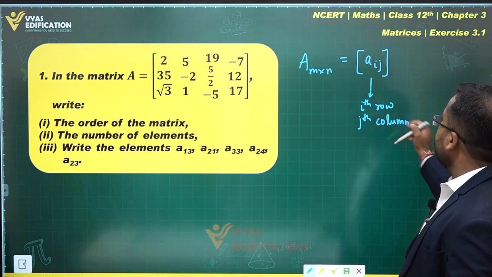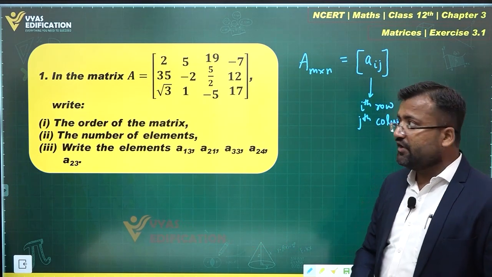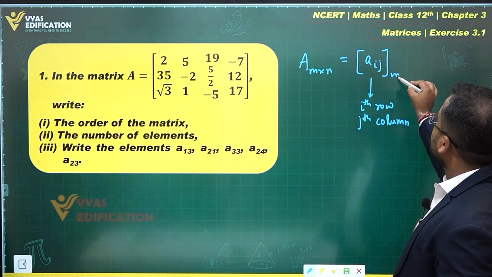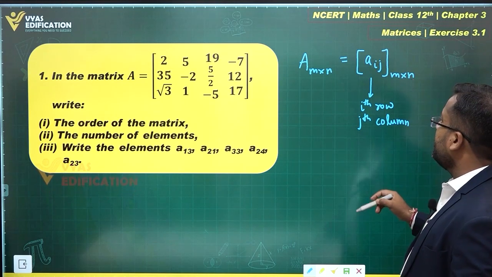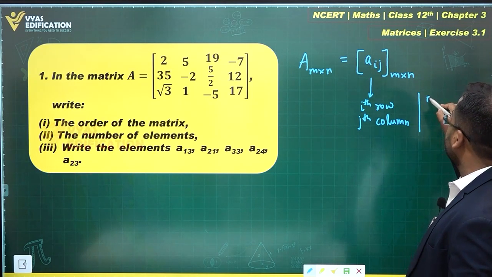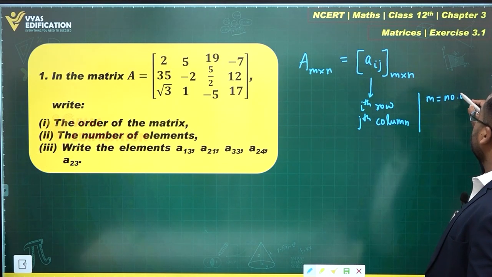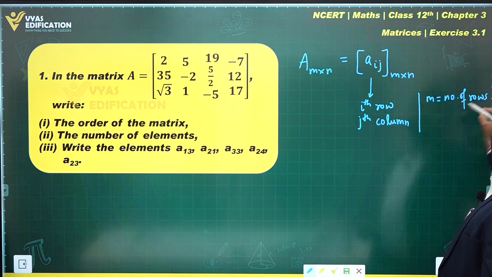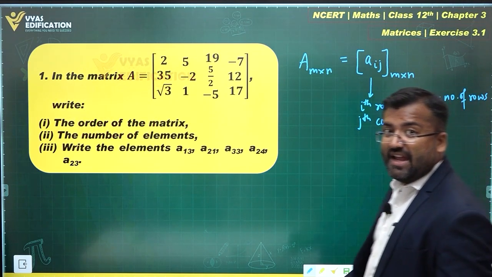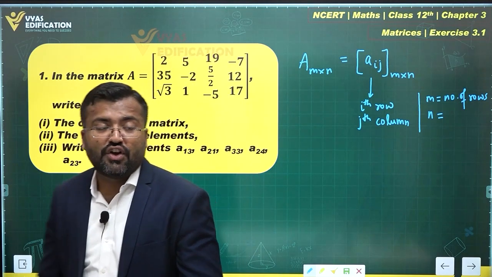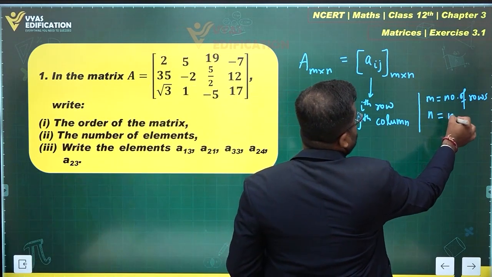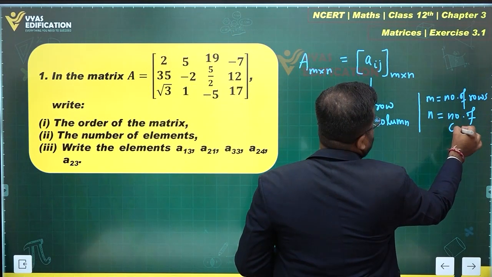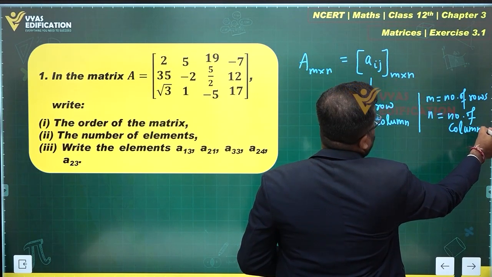The order is m by n, where m represents the number of rows and n represents the number of columns. Let me write that.